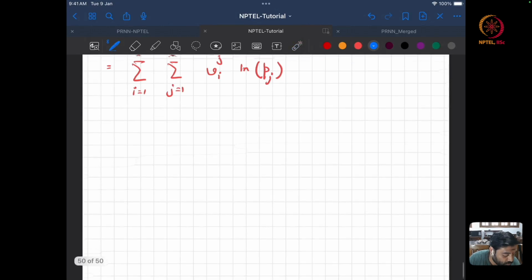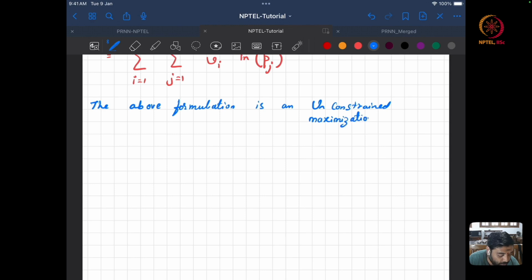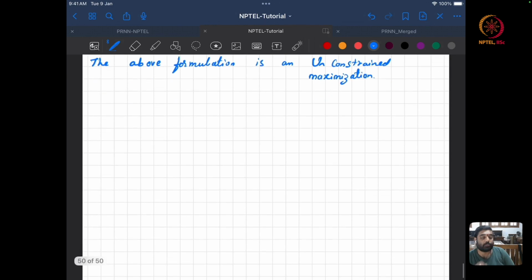So now let's make note of this. The above formulation that we have is an unconstrained maximization. Correct? We need to perform ML estimation for the parameters for which there are certain constraints.